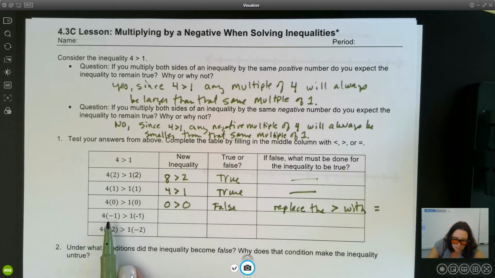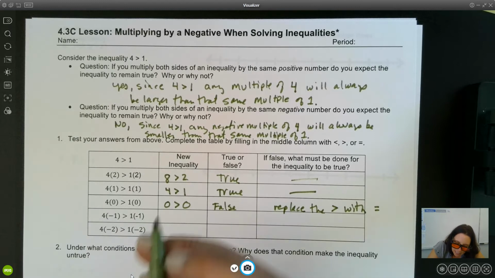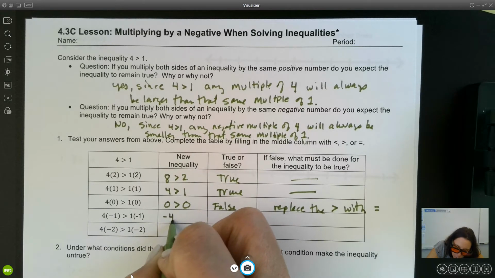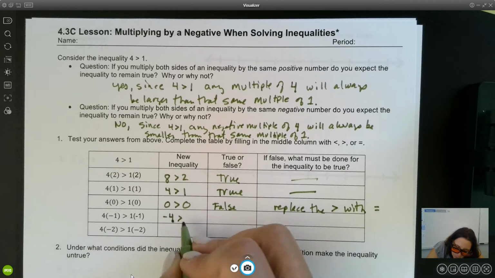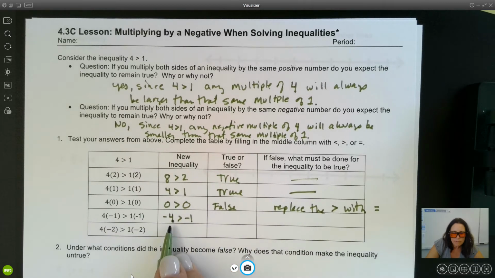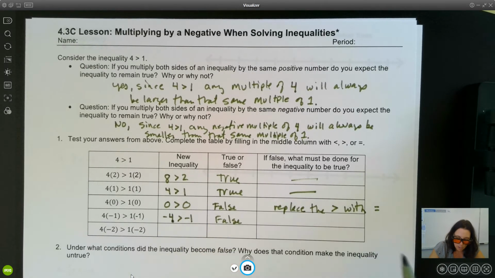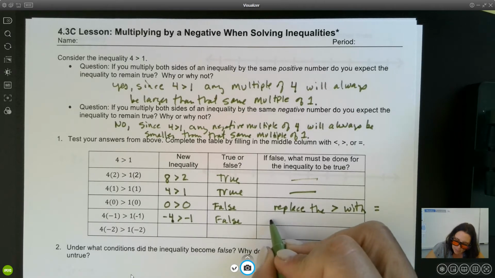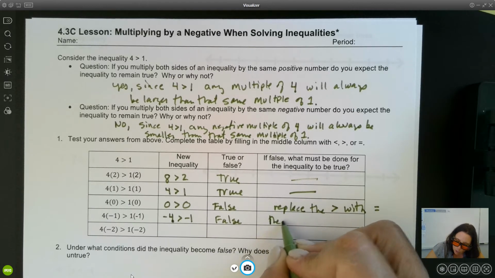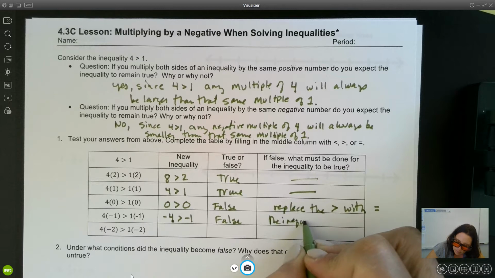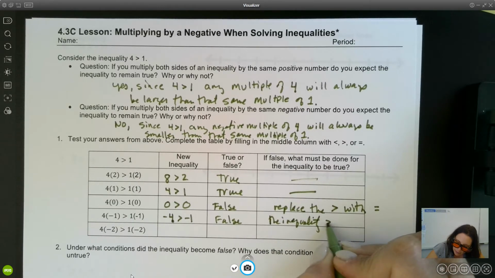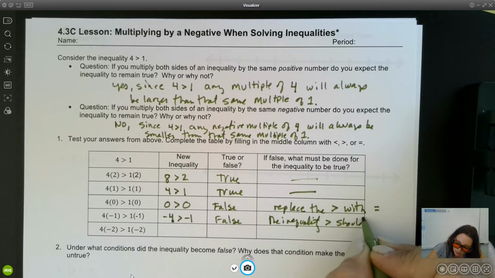Okay, now let's look at this one. If we multiply 4 by negative 1, we'd have negative 4 is greater than, if we multiply 1 by negative 1, that'd be negative 1. Is negative 4 greater than negative 1? No. False. The inequality greater than should be less than.